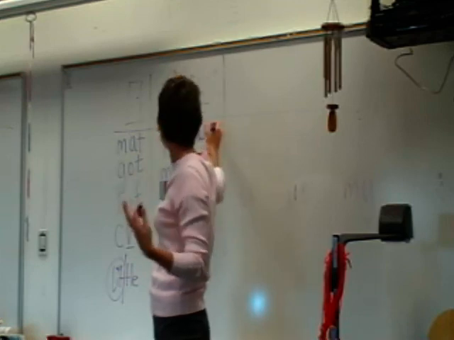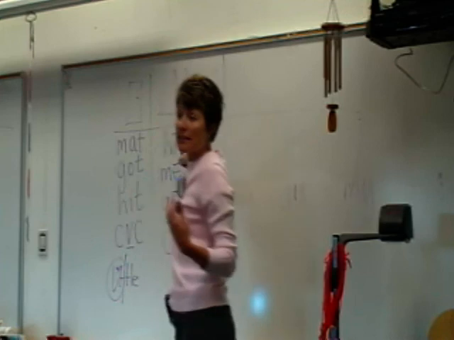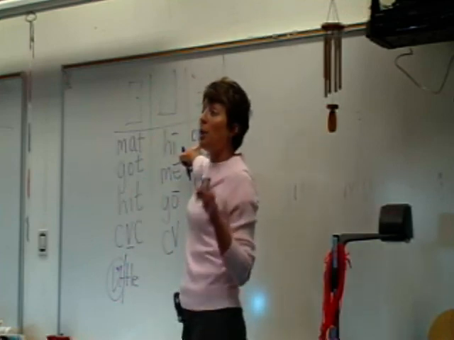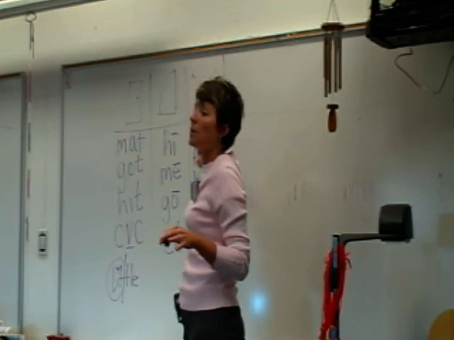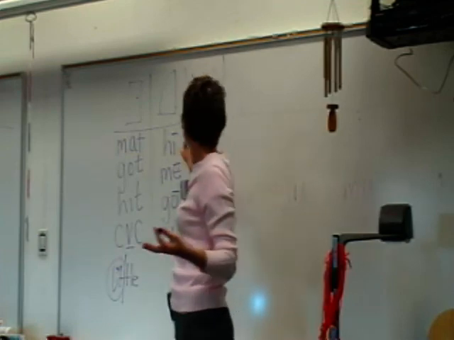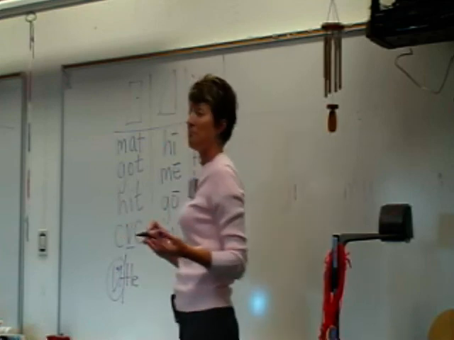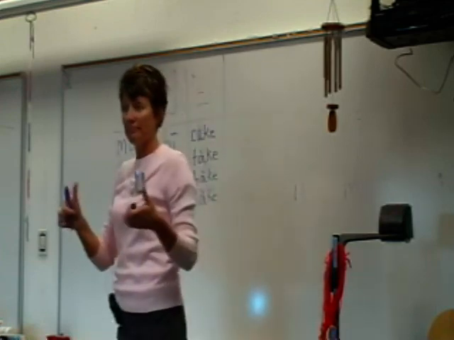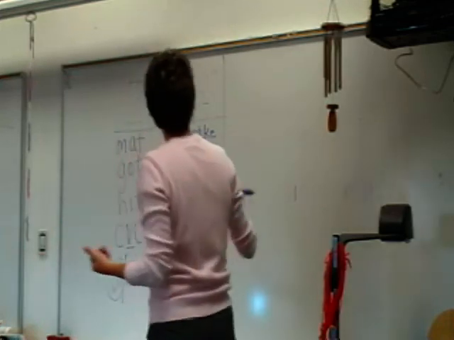They're signals for us that they're making that vowel say its name. So whenever at the end of the word we have an E, we always need to look to see what sound that vowel is making. Okay? So they all are saying their names. Okay? That's a very easy one that you should probably be pretty used to.